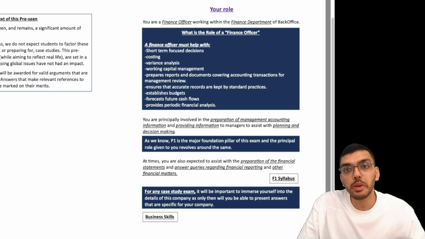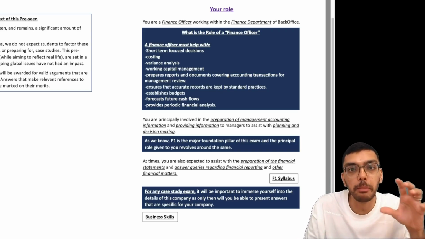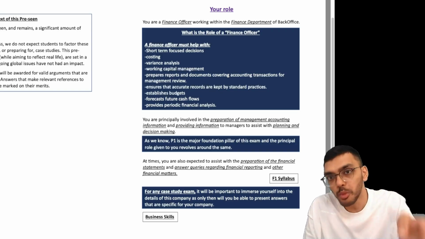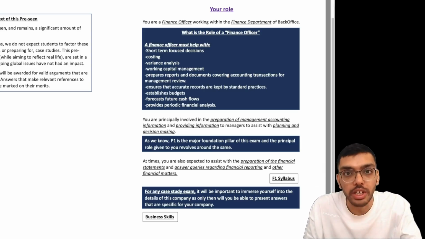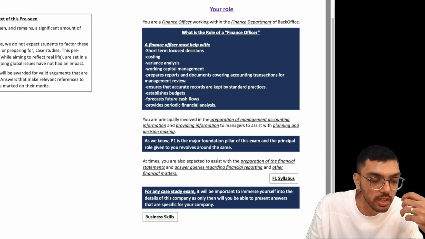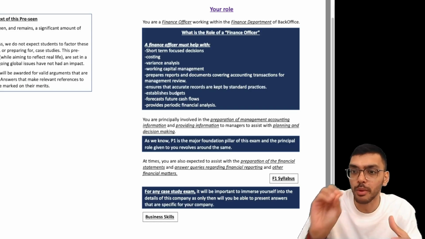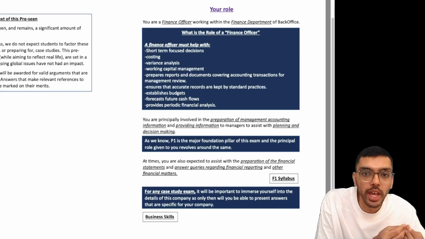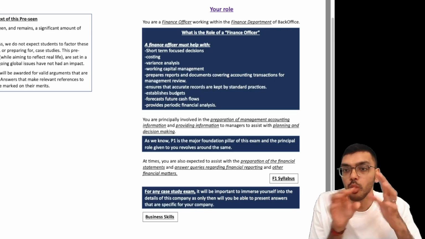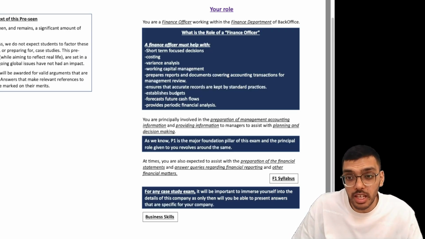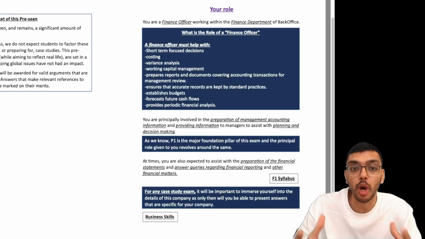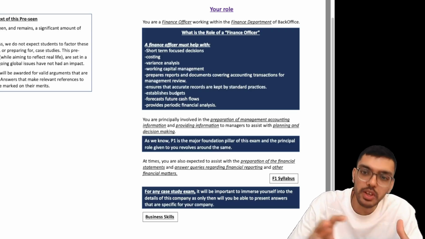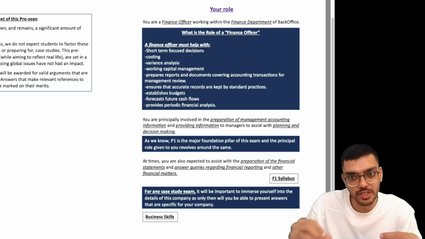So we take the actual CIMA pre-scene, then we annotate it with our own inputs, our own linkages to E1, P1 and F1, our own experience of knowing where, when, what topic comes up in the exam and picking out those top issues. Everything will be done in this pre-scene analysis.